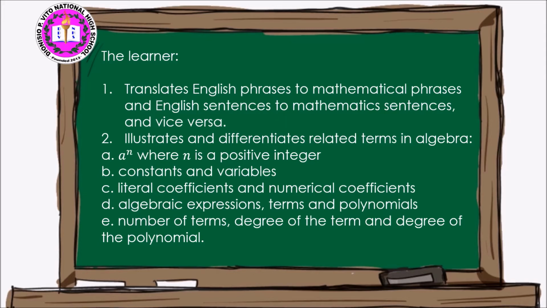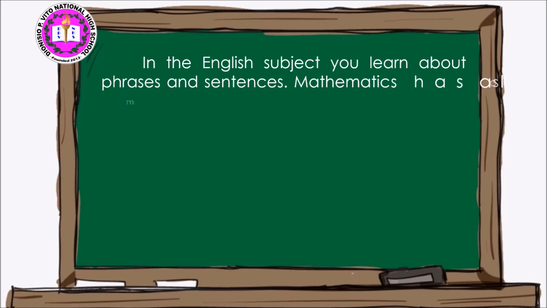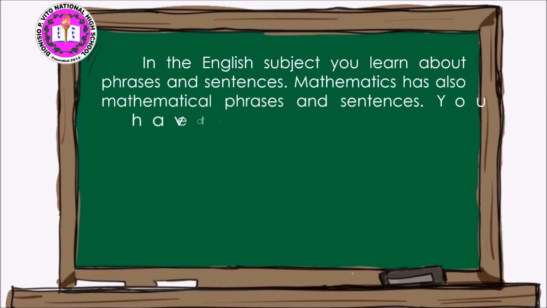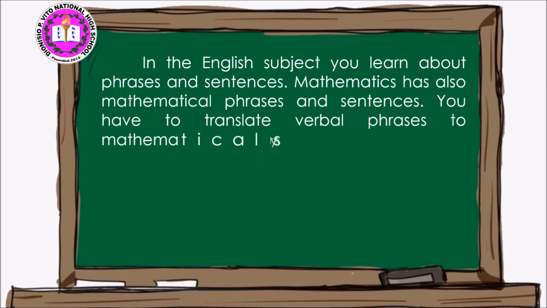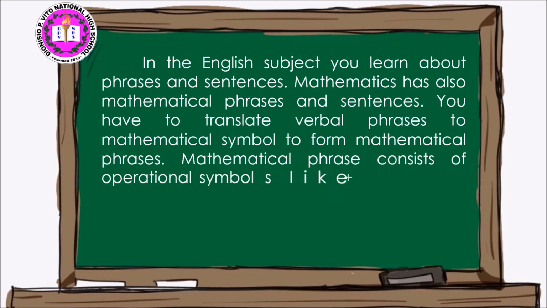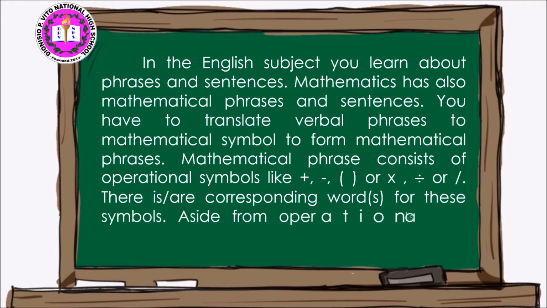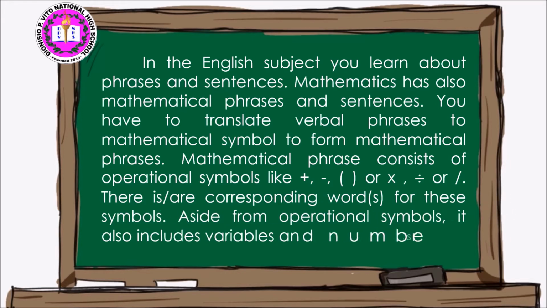To begin with our lesson, let's have this introduction. In the English subject, you learn about phrases and sentences. Mathematics has also mathematical phrases and sentences. You have to translate verbal phrases to mathematical symbols to form mathematical phrases.